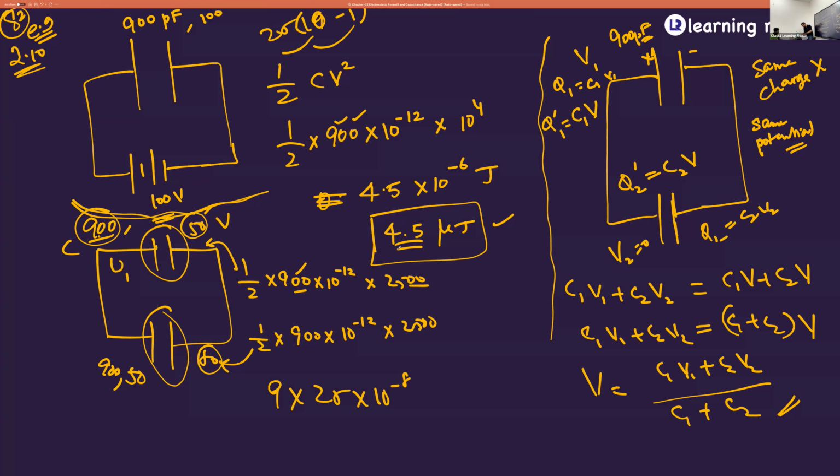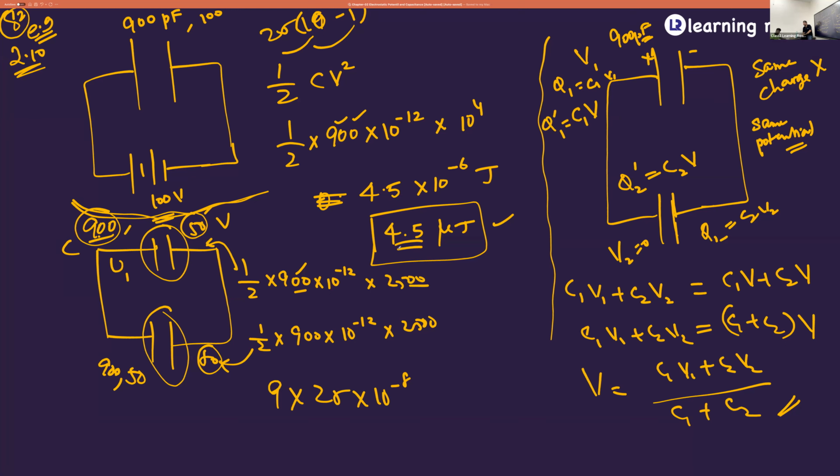Here 600 is connected to a 200 volt supply. 12 now.